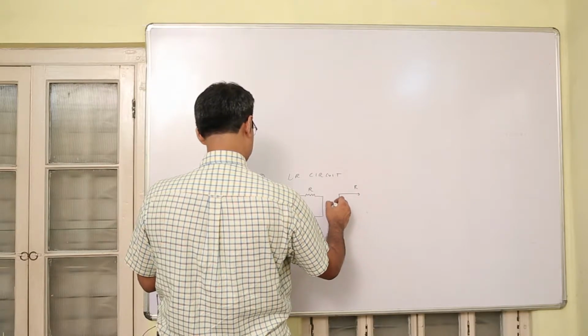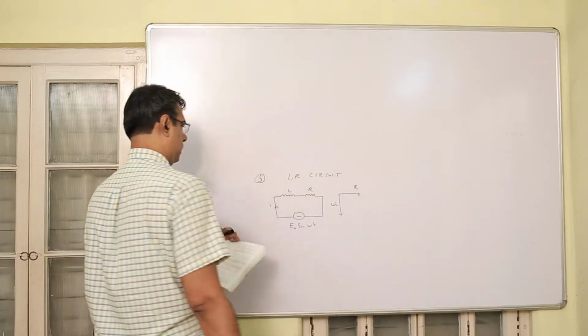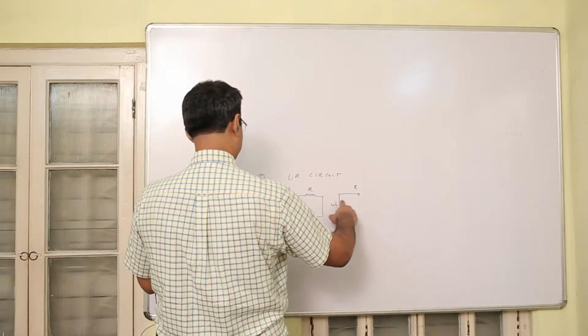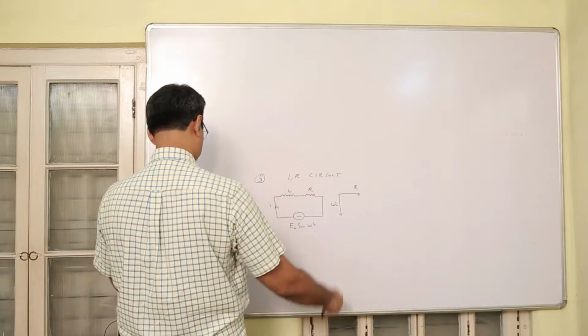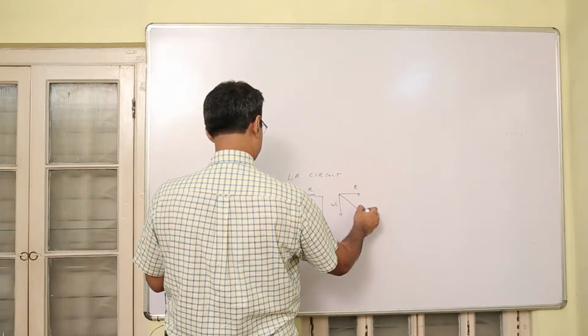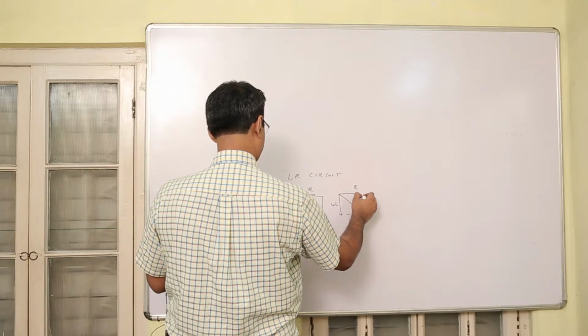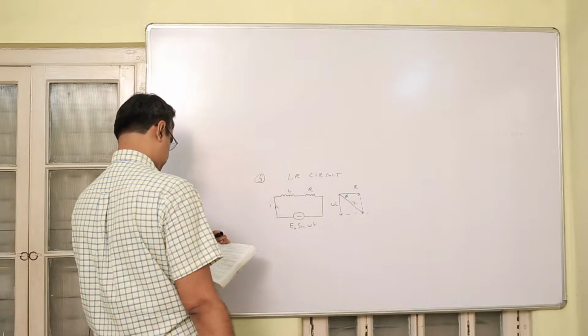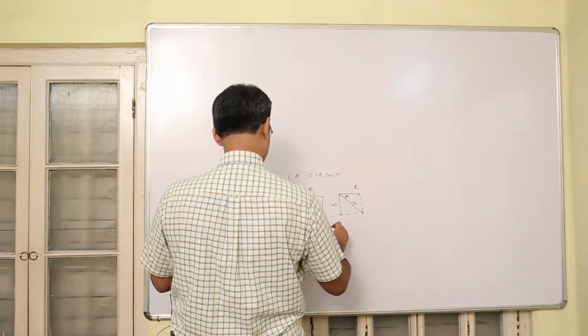So you know that the phase of the current across the resistor, if it is represented by this arrow, then phase of the current across the inductor will be represented by this one. And Z is the impedance of the circuit.